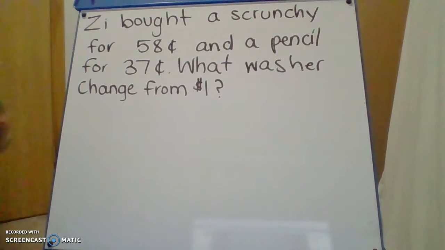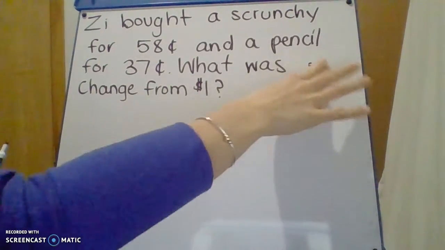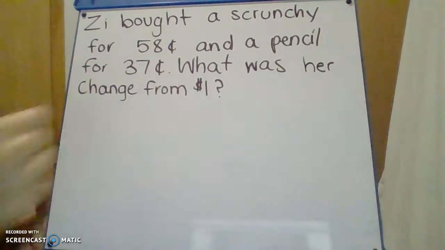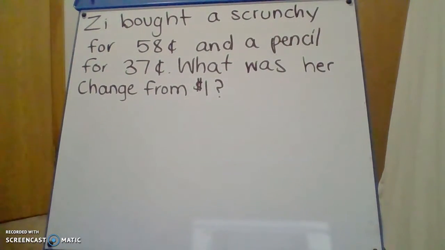Okay, here's your next problem. It says, Zai bought a scrunchie for 58 cents and a pencil for 37 cents. What was her change from $1? So remember, again, two-step problem. First, we have to figure out how much money she spent.